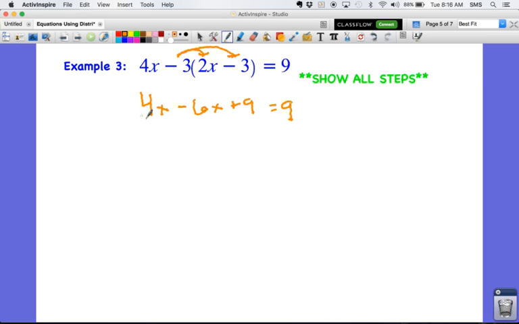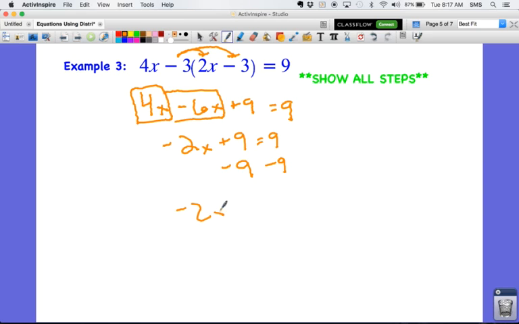Now I can go ahead and combine my like terms. I've got a 4x and a negative 6x. When I combine those, 4 minus 6 is negative 2. The x just follows along. Plus 9 is equal to 9. And then from here, I can solve. Subtract 9 from both sides.